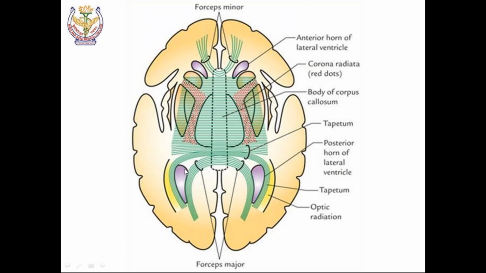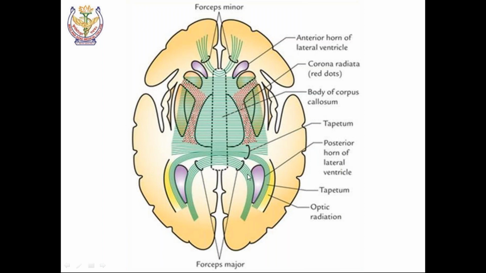The purple color is the posterior horn of the lateral ventricle, which you just saw. Some fibers go medial to this, and some fibers go lateral to this. The ones going laterally are called the tapetum, and the ones going medially are the forceps major fibers.